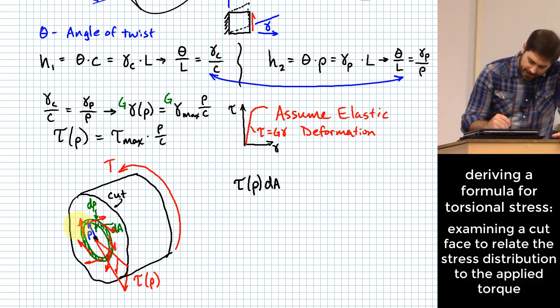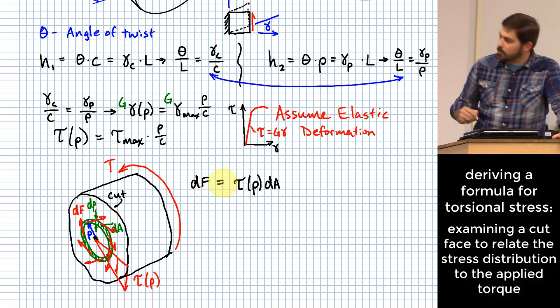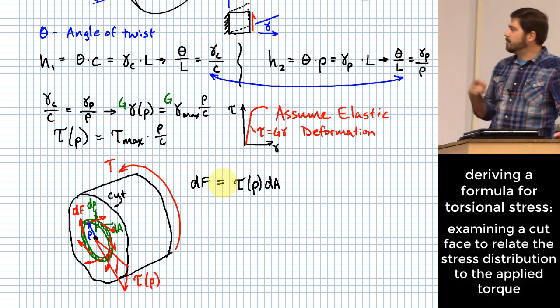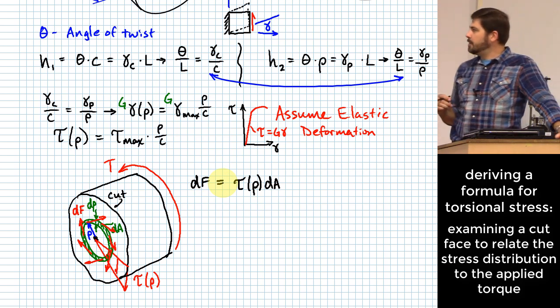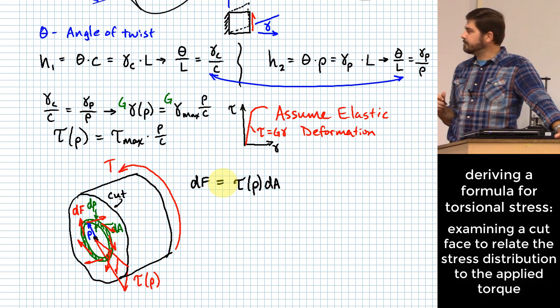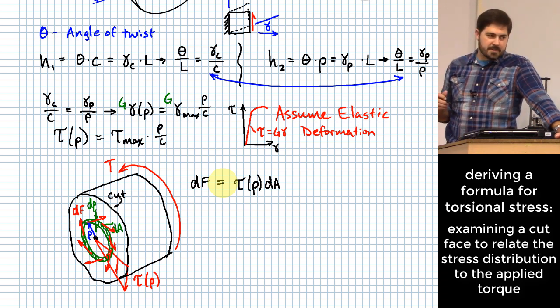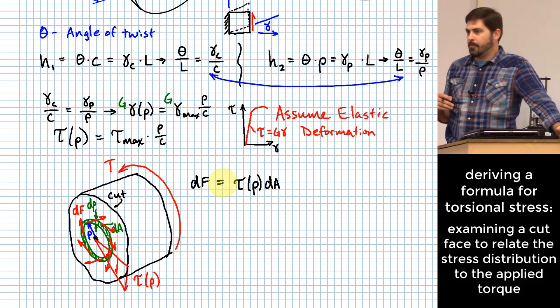And I'm going to call that distributed force right there dF. So I'm going to say here that dF is equal to that stress function, tau as a function of rho, times dA.